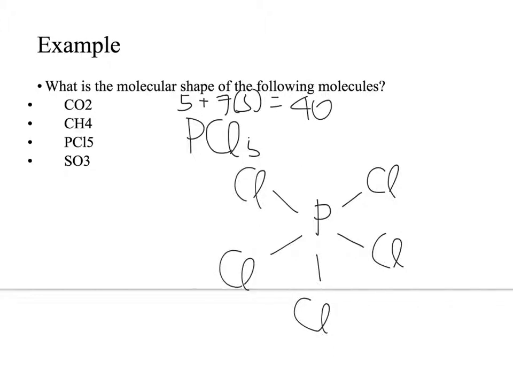Alright, I'm going to make a little bigger dot. So, that's 10. We've got 12, 14, 16, 18, 20, 22, 24, 26, 28, 30, 32, 34, 36, 38, and 40.